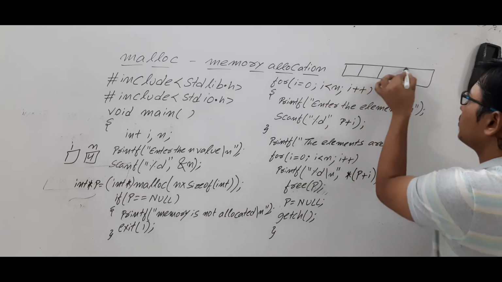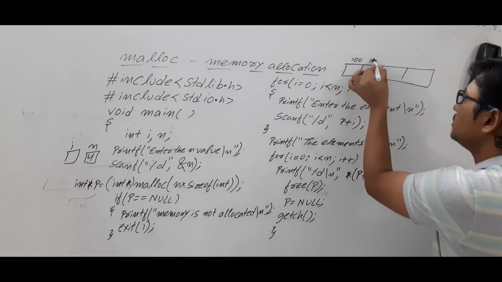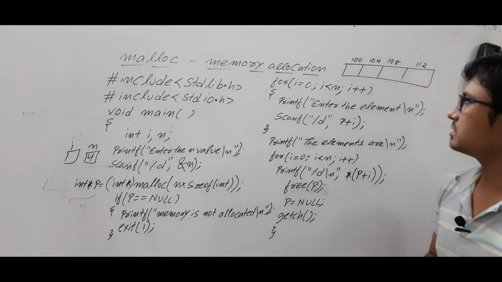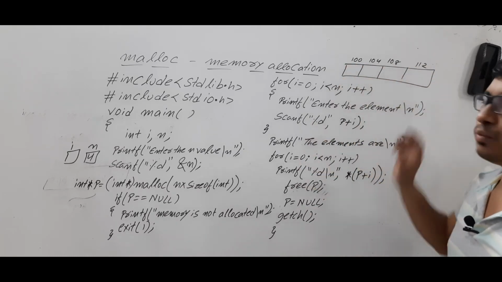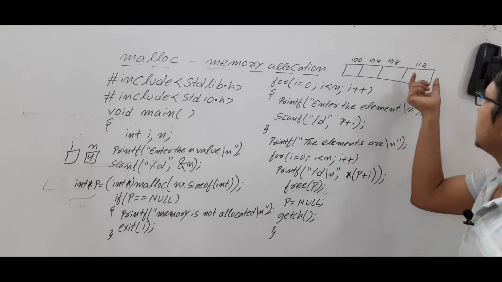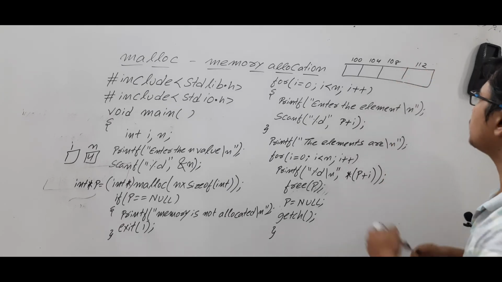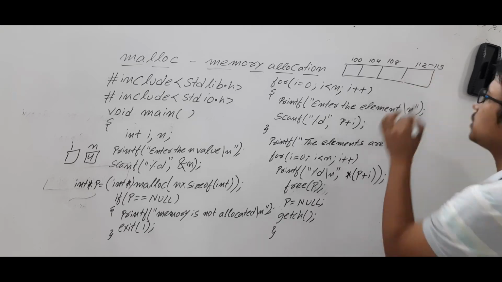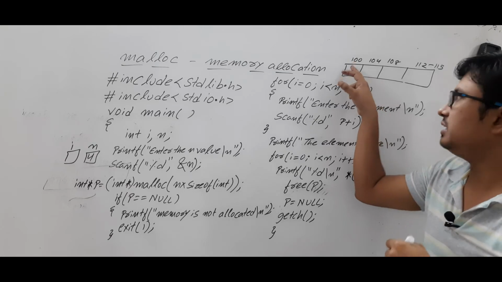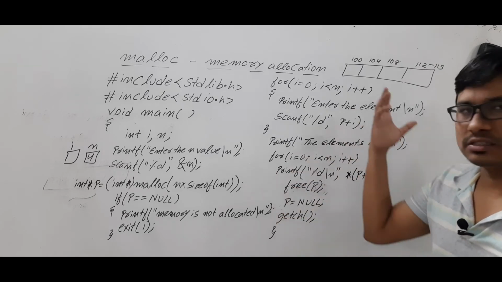Let's take that 16 bytes of memory is allocated from address location 100 to 115. Why did I write 112, but I am saying 115? Because it is one integer, I am telling the base address or starting address. One integer will occupy 4 bytes, so it will be from 112 to 115. This one also, 100 to 103. The first element will be required. Am I right? Because it is 4 bytes.